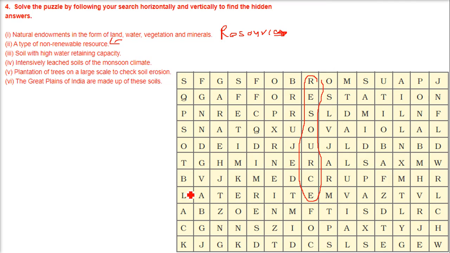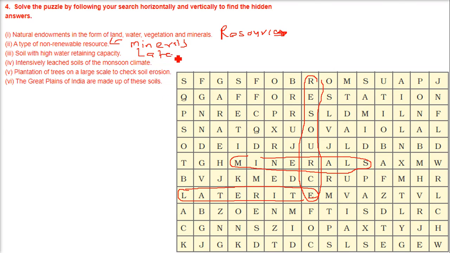This is called laterite, and this is the answer. A type of non-renewable resource, I'm coming back to this. These are minerals. Minerals. Soil with high water retaining capacity is laterite.